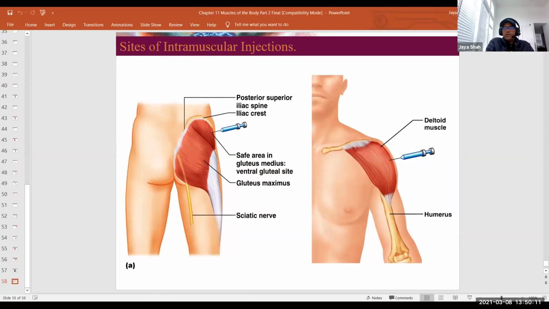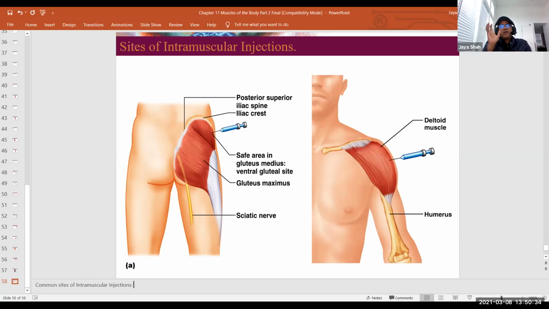Common sites of intramuscular injection. Where can you give intramuscular injection? Common sites. So wherever there is a thick bulk muscle, you can give the intramuscular injection, because the medicine in the muscles will spread slowly and then go to the blood vessel and go to all parts of the body.